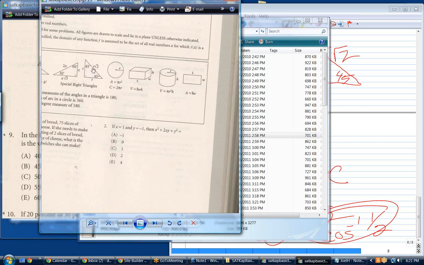There's the 45-45 with dimensions 1, 1, square root of 2. And here's the 30-60 with dimensions 1, square root of 3, 2. The key one is the 1 and the 2. We don't really need the square root of 3. The 1 and the 2 tell us that it's a 30-60-90 right triangle.